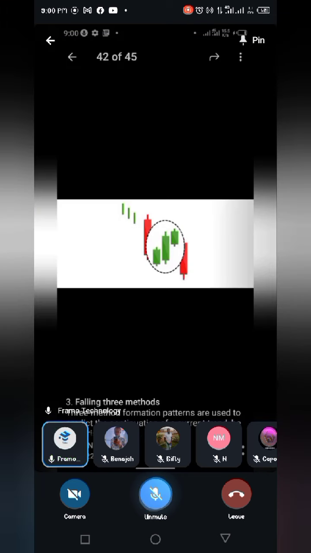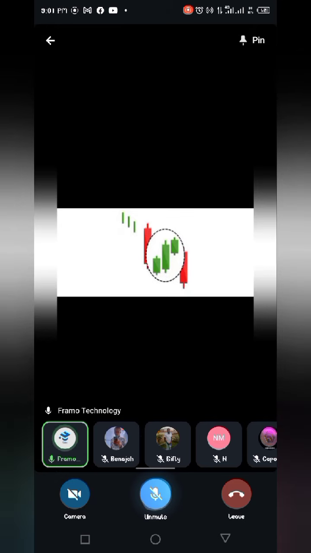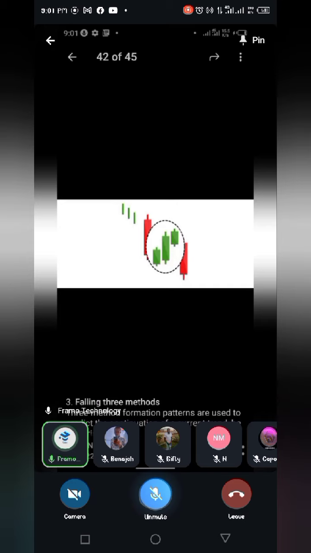Then we see three green candlesticks. It looks as if the third one and the first one are almost equal. And then they don't cover the previous red candle. Even with all the three, they are not able to cover the previous red candlestick. When this forms, it means a falling three methods has formed, and they will continue down.